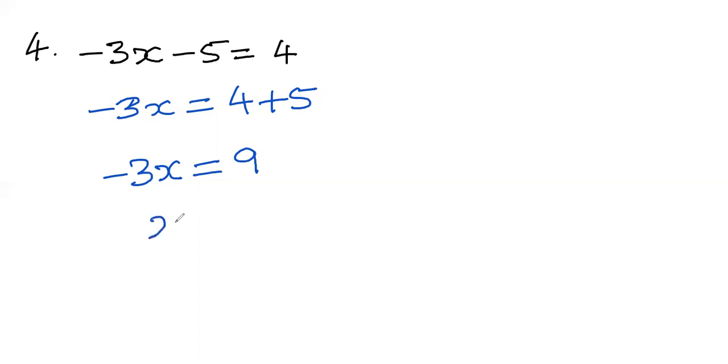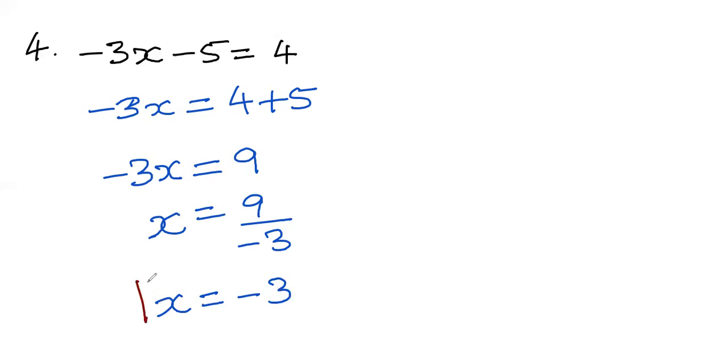That means you have to divide by minus 3 on the right-hand side. So we get 9 divided by minus 3. Because there is only one minus, the answer will be negative. 9 divided by 3 is 3. So this will be the answer to this question.